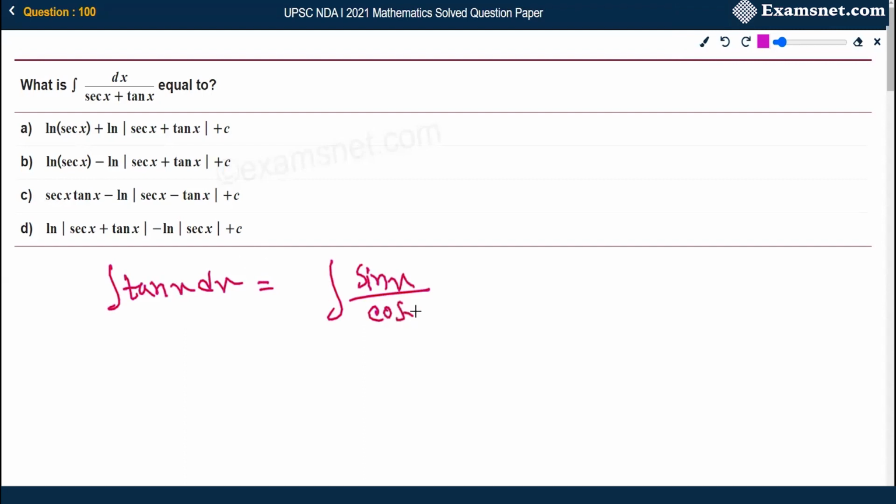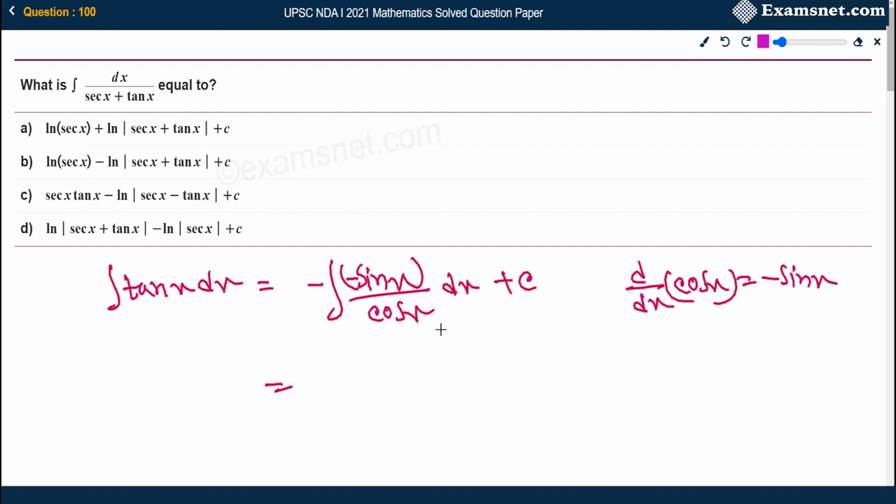Sin x by cos x dx plus c, right? Okay, so here let's take a common minus and minus. Remember, when we differentiate cos x with respect to x, we get minus sin x, right?